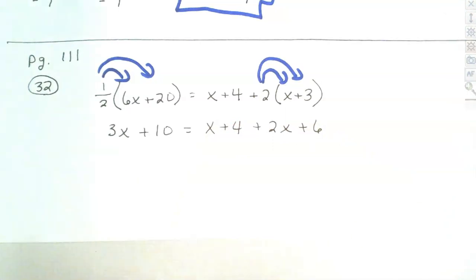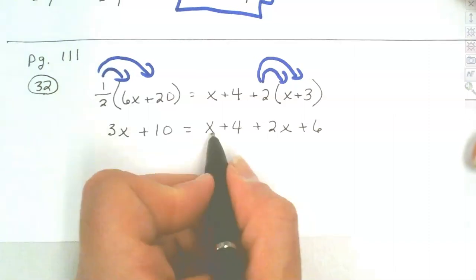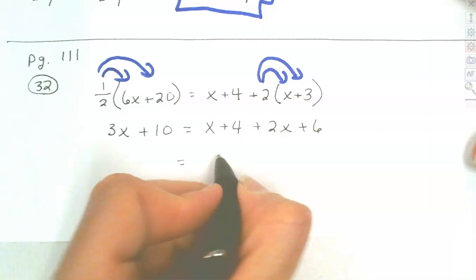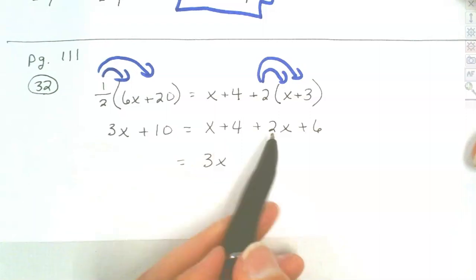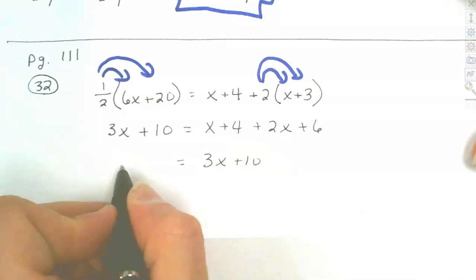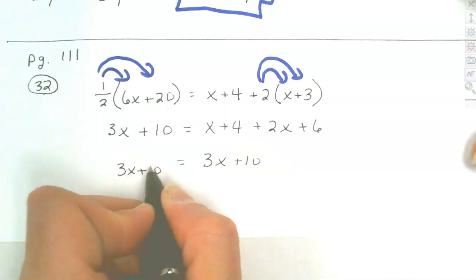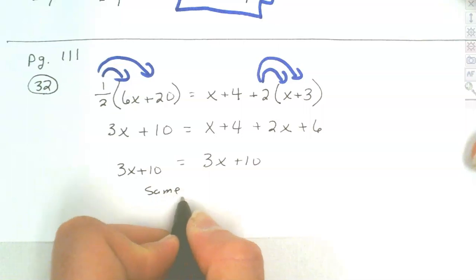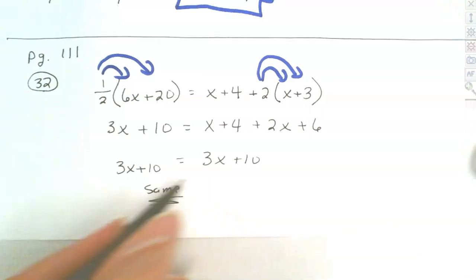Now we can see that this is going to be different from the previous equations, because when I work on the right-hand side, I have 3x total, and 4 and 6 makes it 10. And notice these are now the same. So once the sides match up, what is this?